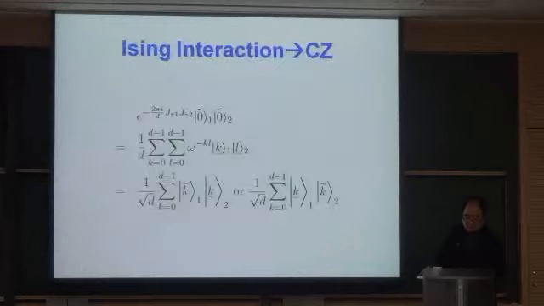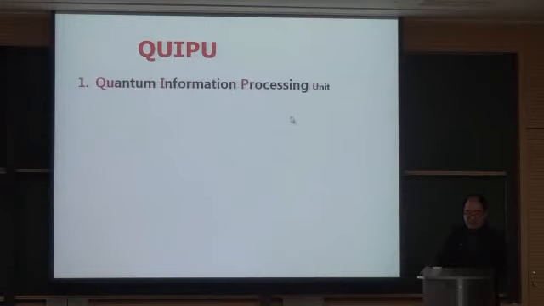Okay, I want to skip this. When I started this quantum information processing, I invented a word. Do you know this word? I made it up: quantum information processing unit. Then I looked up this word in a dictionary.